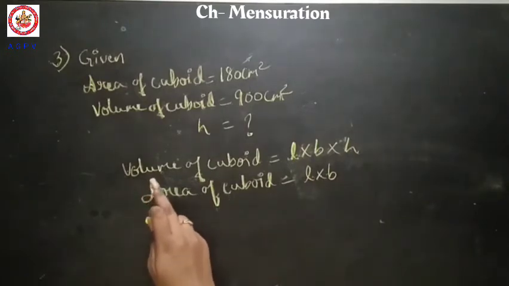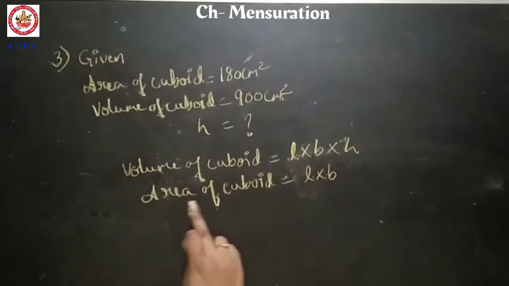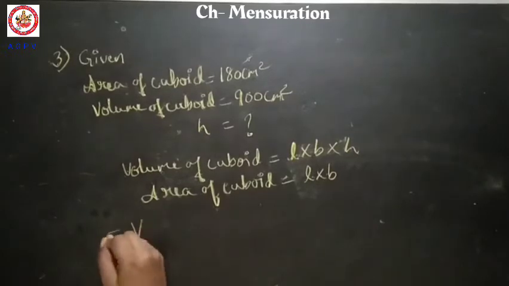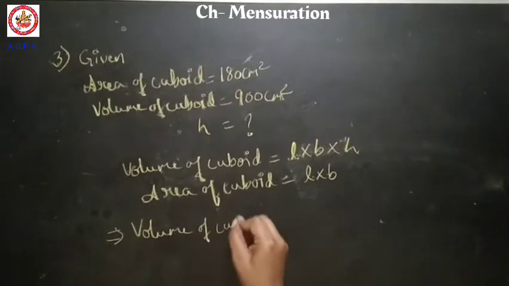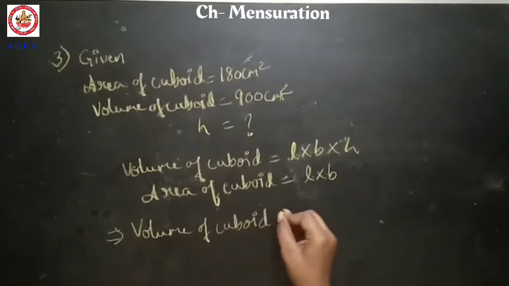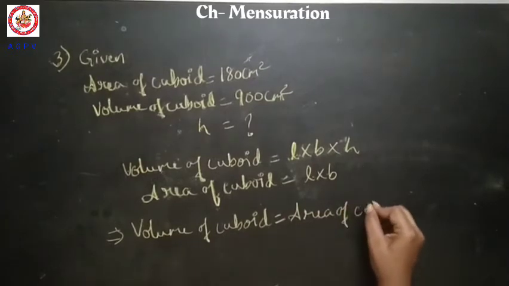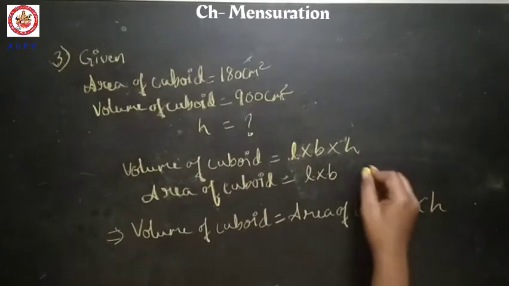So what I am going to do is, in volume of cuboid, instead of length into breadth, I will write area of cuboid into H. Now volume of cuboid is equal to area of cuboid into H, which is nothing but height.